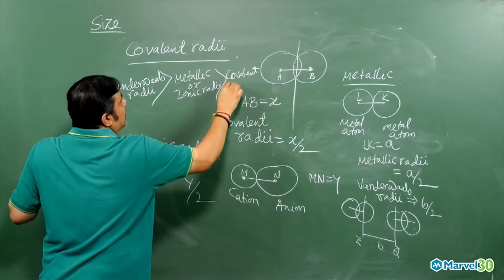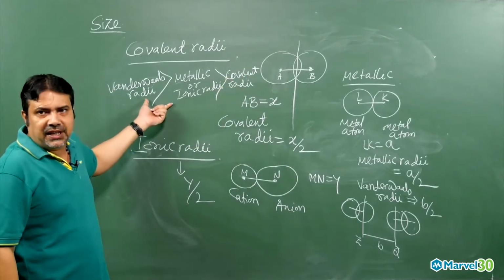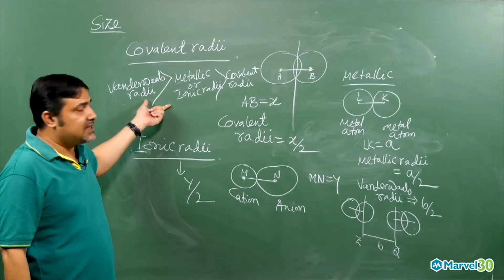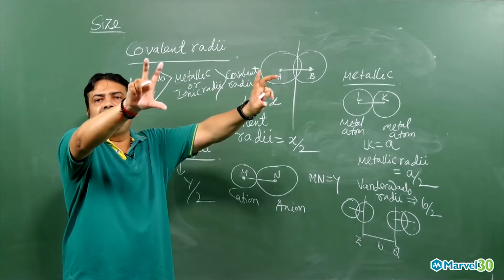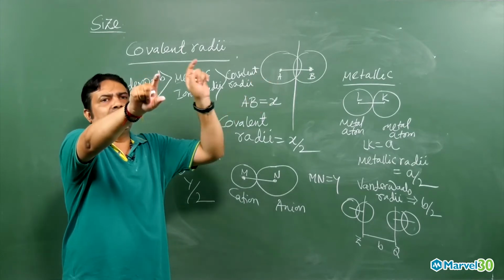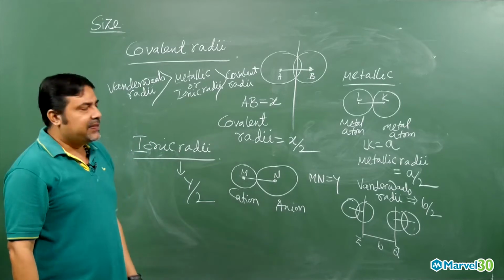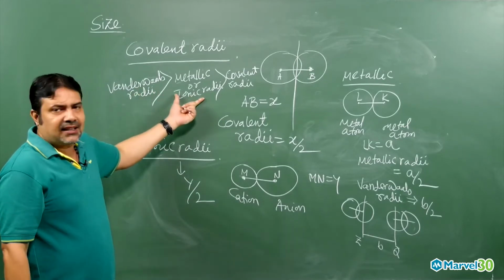This is the concept you have to understand regarding size. Maximum radius is for van der Waals, because we consider two different covalently bonded molecules, one atom from each molecule, and half of the distance. That is why van der Waals radii are greater than metallic radii.